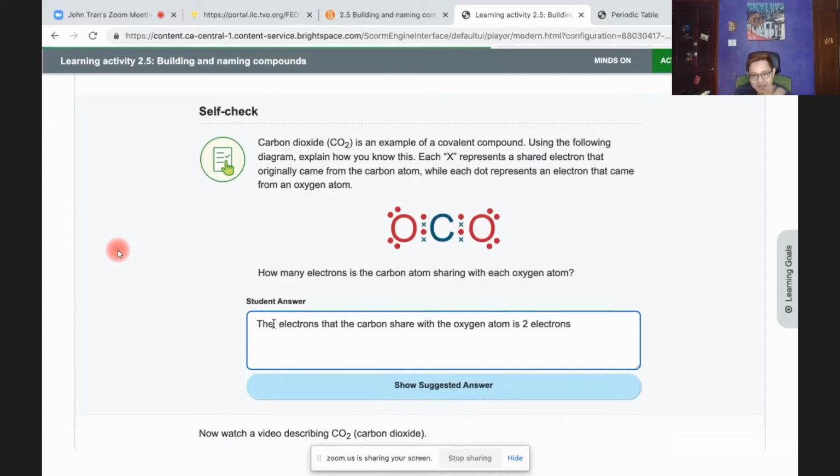I mean, in terms of logic, it makes sense that way. It's just the number that the carbon shares with something. Please fix that: the number that.